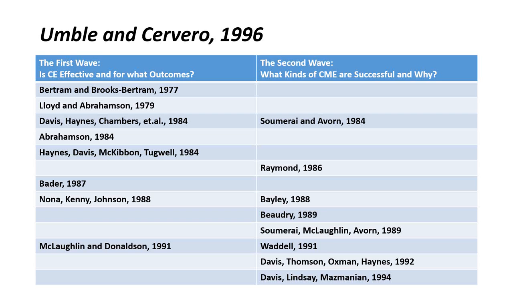And the second wave is what kinds of activities are successful, and these reports indicated that it was multiple kinds of activities and the length of activities and so forth. So these are how these studies broke out in terms of those two waves.